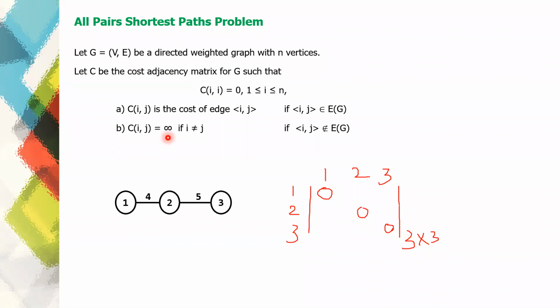I'll repeat again: if there is no edge connecting the ith node to the jth node, then that particular value in the adjacency matrix should be infinity. If there is a direct edge connecting the ith node and the jth node, then the cost of that edge should be filled into the matrix.